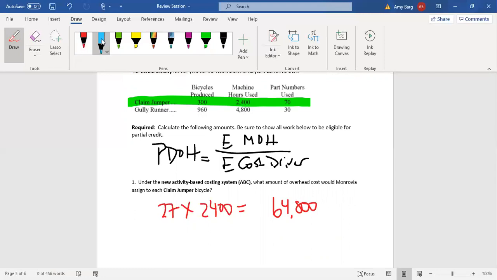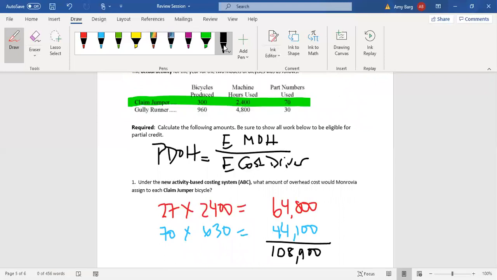And we have 70 parts times $630. So that's 44,100. If we add that together, we get 108,900, because for just the claim jumper bikes, that's how much overhead we're going to apply.